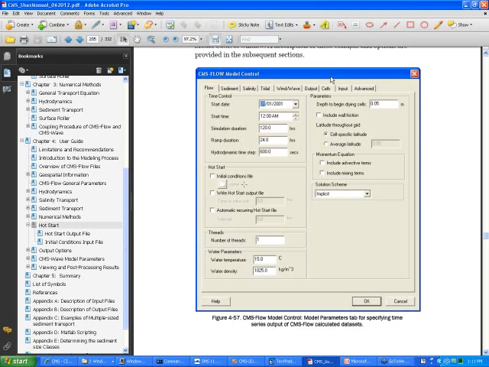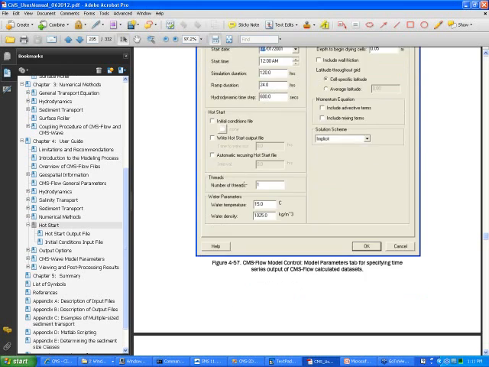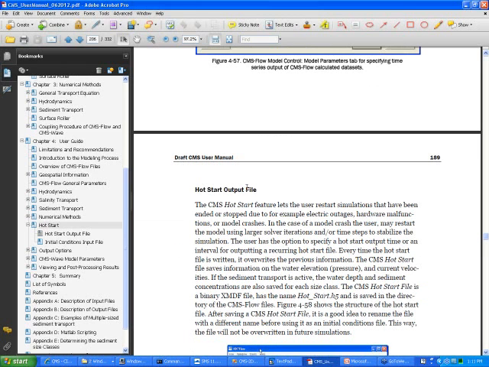Now, the hot start file is the file that CMS writes while it's running, so you can restart from that time later in case the simulation crashes or the power goes out, or in our case your computer is shut down for updates by IT.